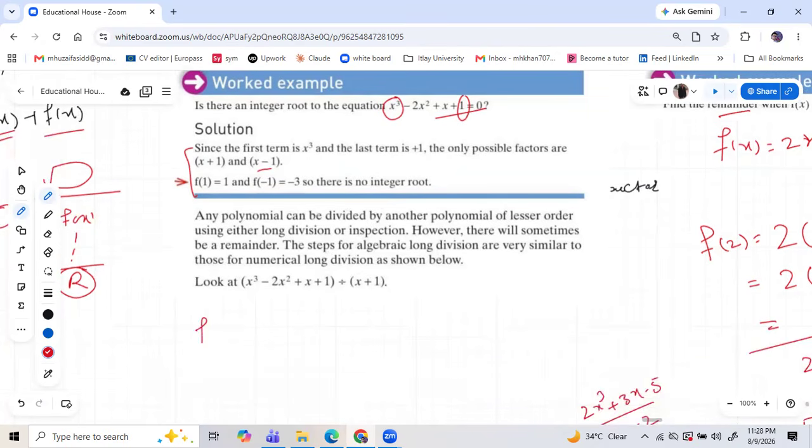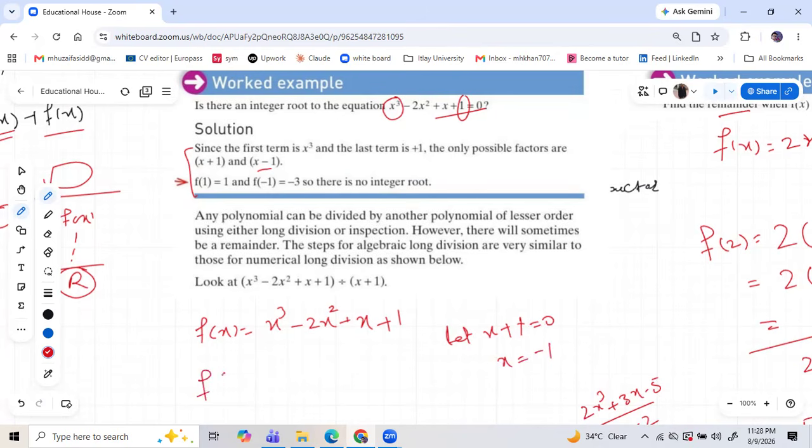Our function is f of x equals x cubed minus 2x squared plus x plus 1. The first one is x plus 1 equals 0, so x equals minus 1.